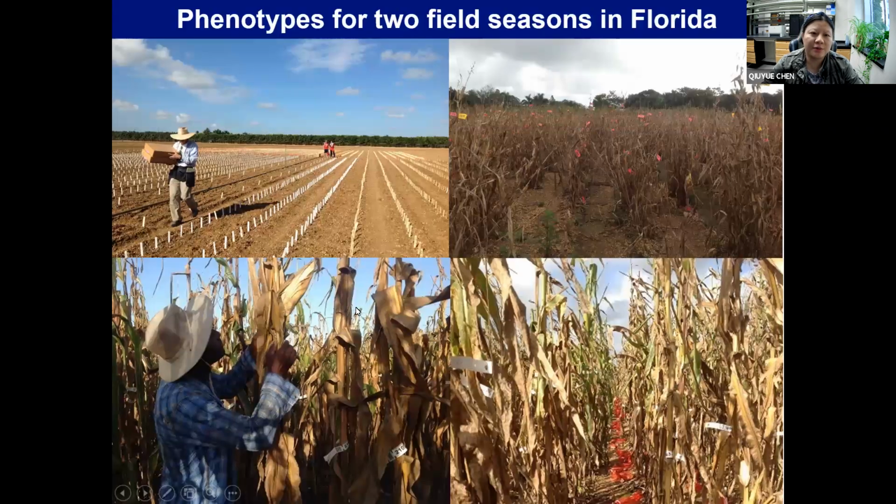The progeny of maize and teosinte were then grown in Florida in 2 neighboring fields, and the phenotypes were scored over 2 field seasons.